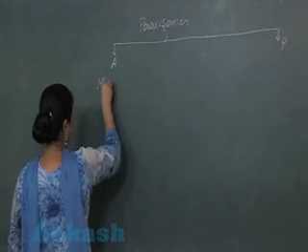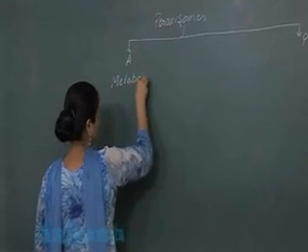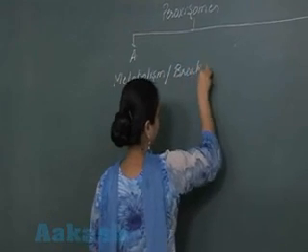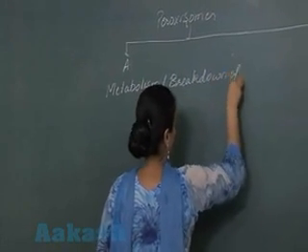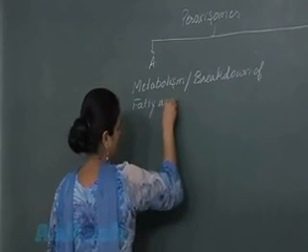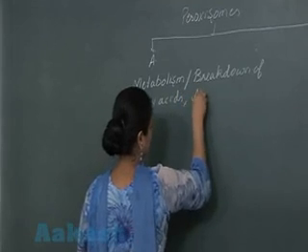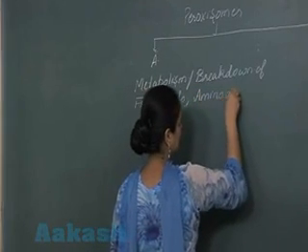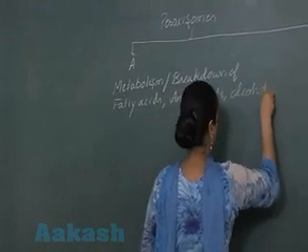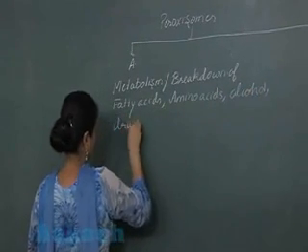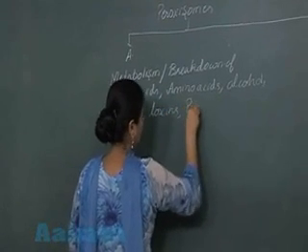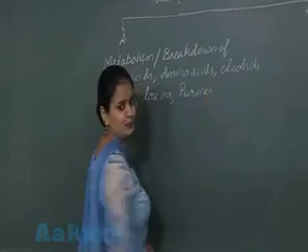So they are involved in the breakdown, in the metabolism of fatty acids, extra amino acids, alcohol, drugs, toxins, and the nitrogenous bases, that is purines.